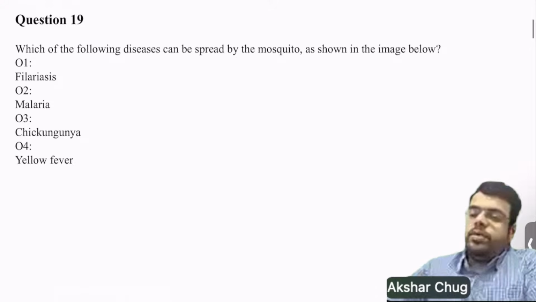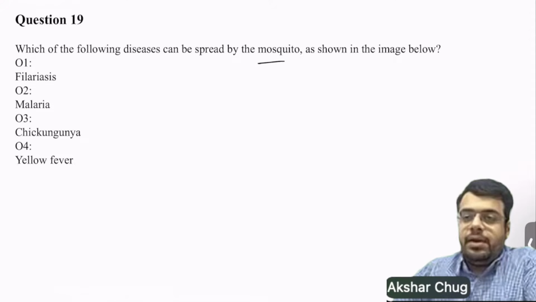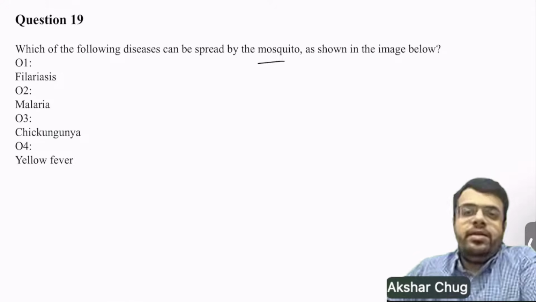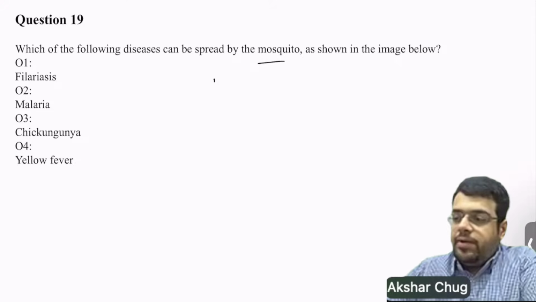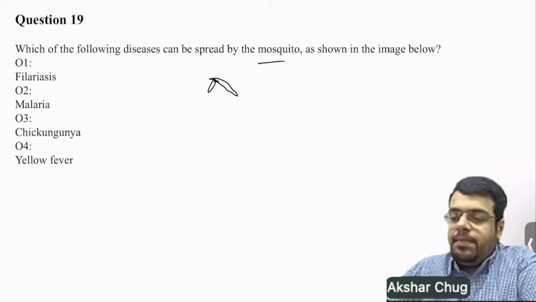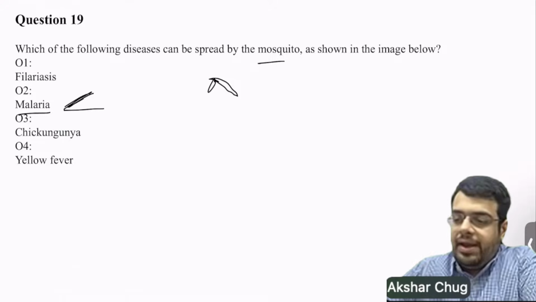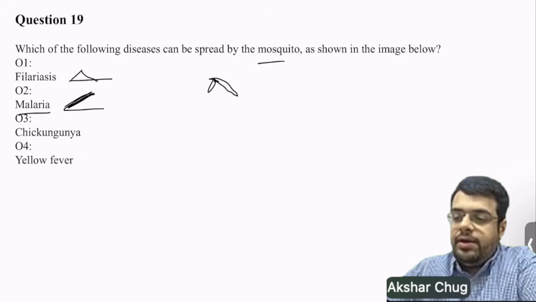Moving on to the next question: the following disease can be spread by mosquitoes as shown in the image given below. Here the image was provided of a Culex mosquito showing a hunchback appearance. As we know, malaria is spread by the Anopheles mosquito, which lies at an angle from the body surface. Filaria is spread by the Culex mosquito, and here it shows a hunchback.